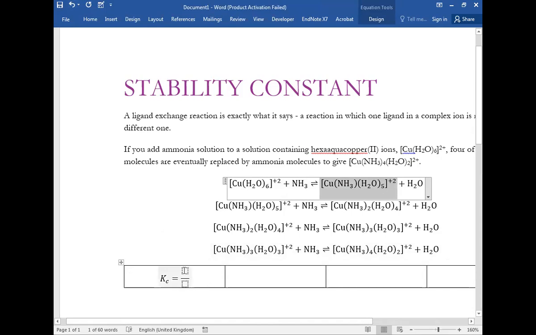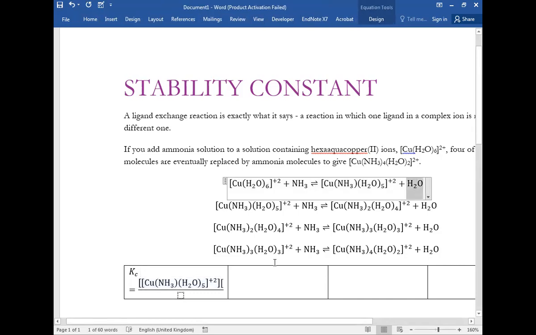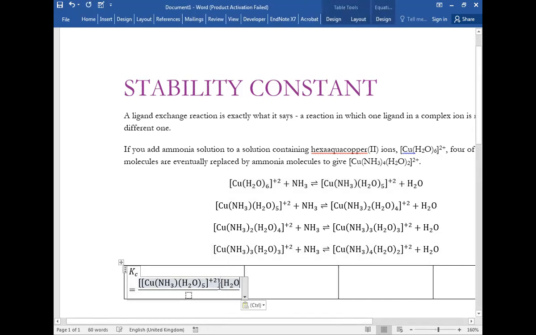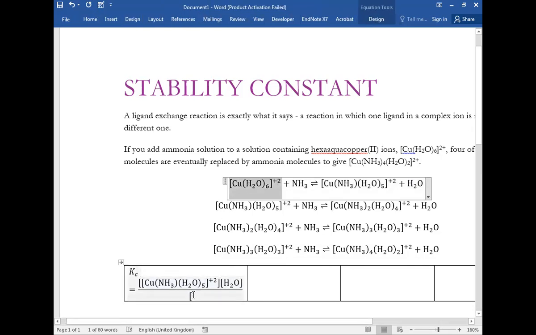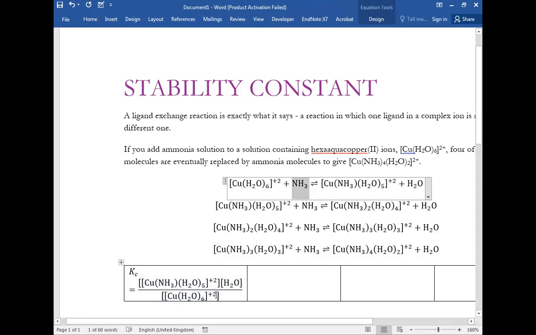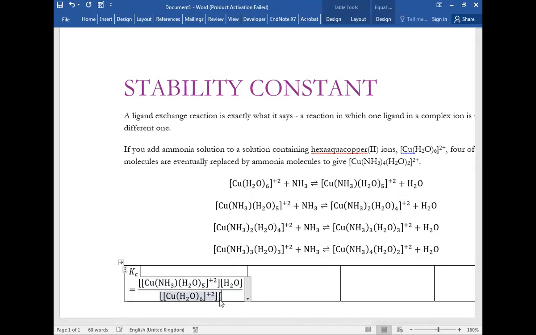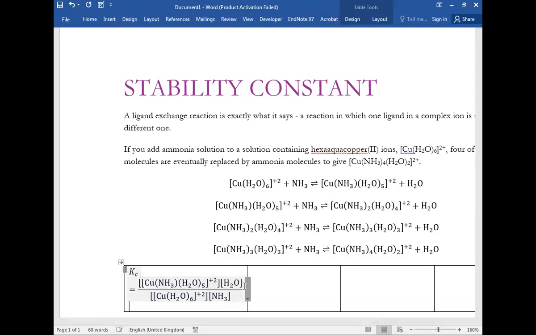And what is the other product? So this is just the equilibrium constant for the first step of the ligand exchange. Is that right? We generally don't put double long brackets, but no problem.